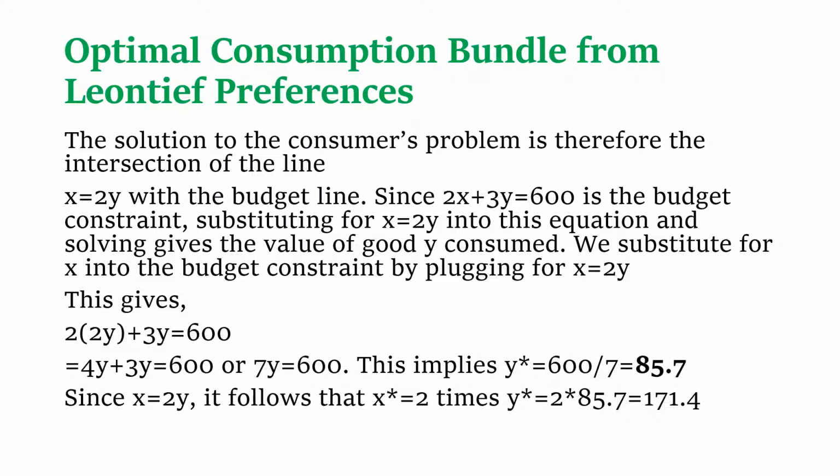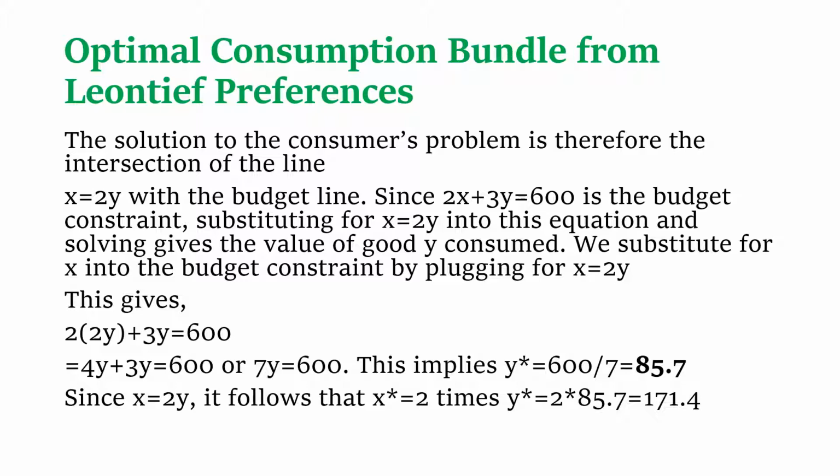Since 2x plus 3y equals 600 is the budget constraint, substituting x equals 2y into this equation and solving gives the value of good y consumed. We substitute for x into the budget constraint by plugging in x equals 2y. All you have to do is take this x and plug it into the budget constraint, which is 2x plus 3y equals 600, right? Now instead of having x there, you just plug in 2y.